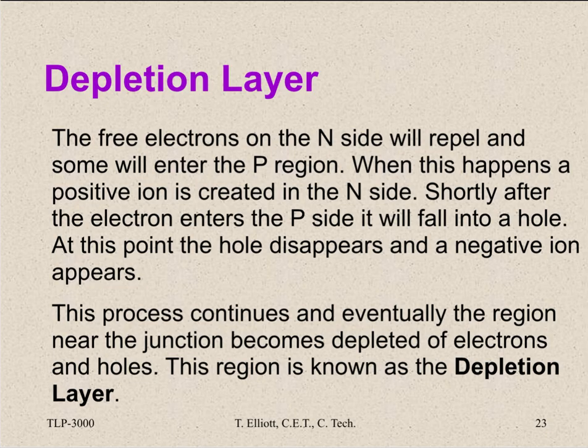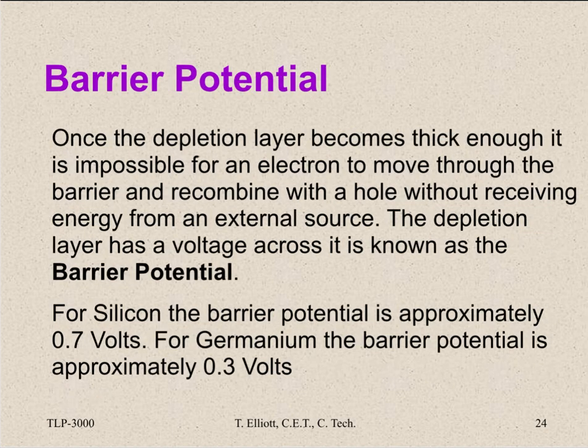This process will continue until the junction region, which is the interface between the N and P sections, becomes virtually depleted of electrons and holes, not 100%. It's kind of like a no man's land, where there are really only a few holes and a few electrons. To get the electrons from one side to the other, we need an external energy source.